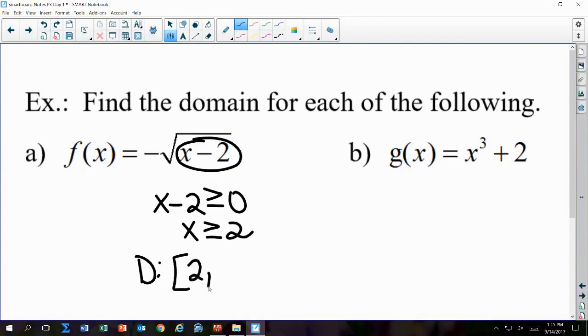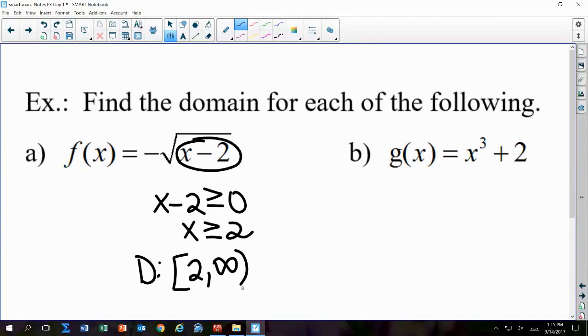I'm going to have from 2 to infinity. Why did I put a bracket around 2? It includes that x value, right? It's greater than or equal to 2. If it was strictly greater than, I would have just put a parenthesis. But because it's greater than or equal to, that's why it's a bracket.